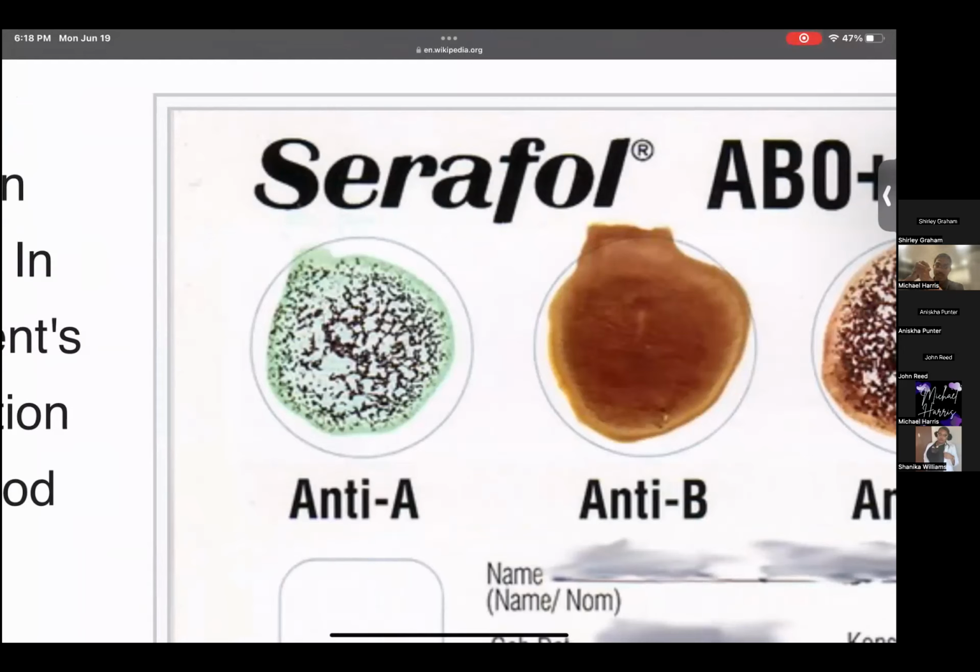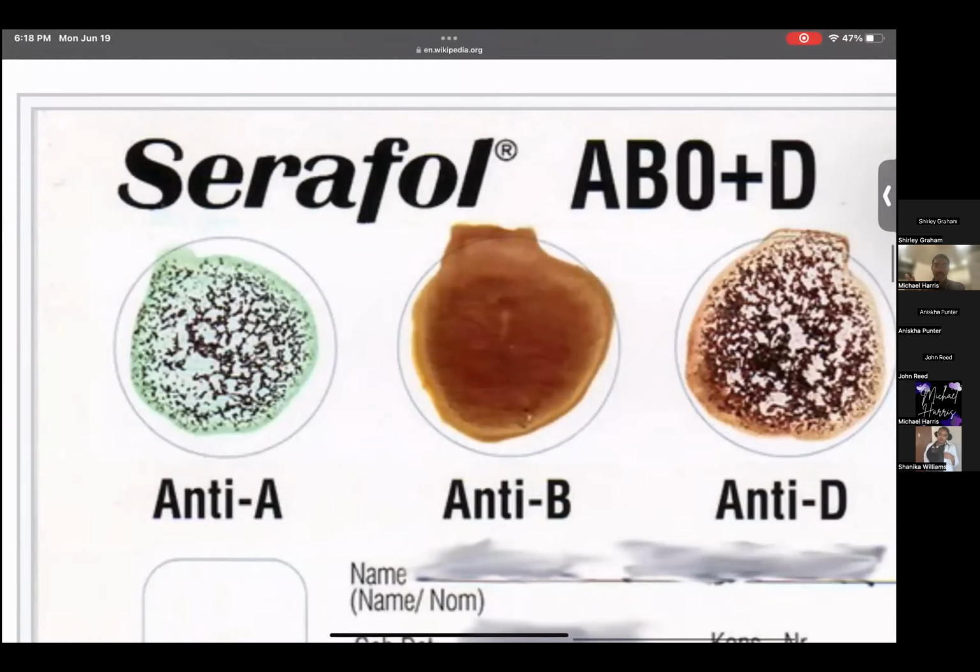It's literally pulling them out of solution. Versus B, anti-B, there's no agglutination because there's no clumping up of the RBCs. So this is the difference between agglutinated versus non-agglutinated.